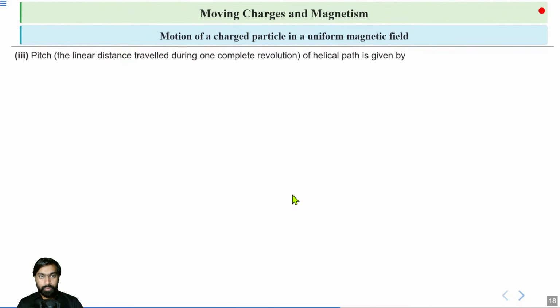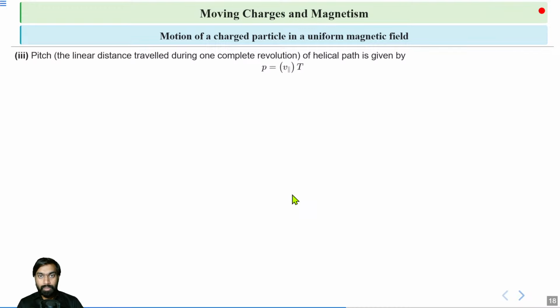The third case: when a charged particle moves in a magnetic field and follows a helical path, it is spiraling around the magnetic field lines while also moving forward along those lines. So the pitch is the linear distance the particle travels forward along the magnetic field during one complete revolution around the helix.